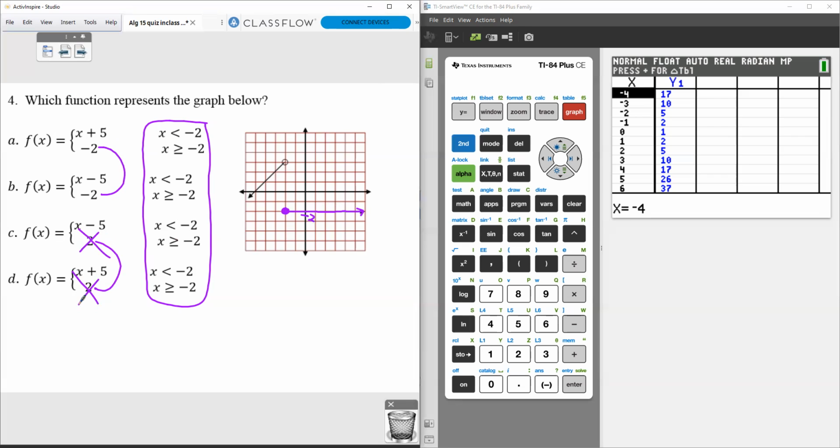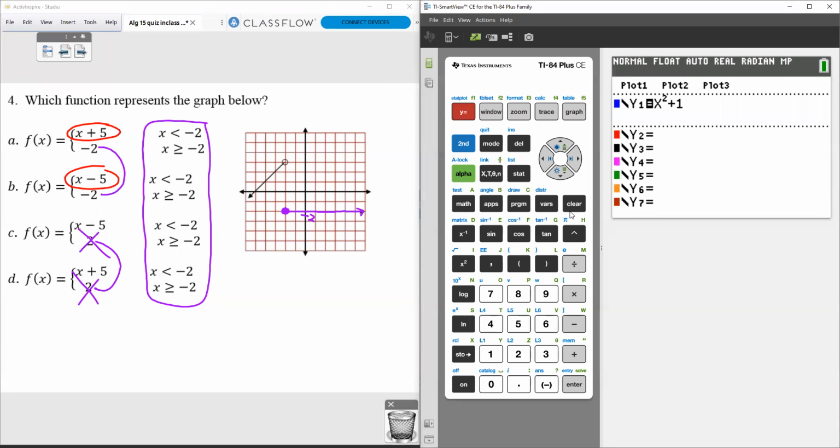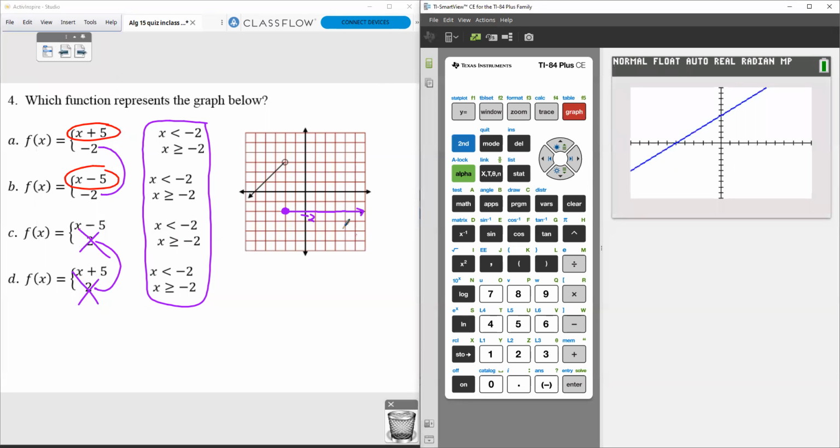Now I need to figure out that top part of the graph. That top part of the graph is either going to be x plus 5 or x minus 5. Well, there's a couple different ways to do it. The way that I would do it is I would go to my y equals, type in x plus 5. When you hit graph, you get this picture. Does that match this part?